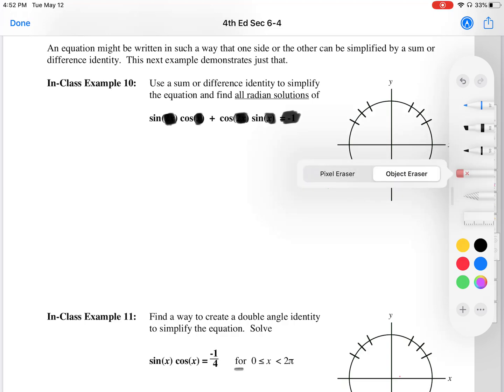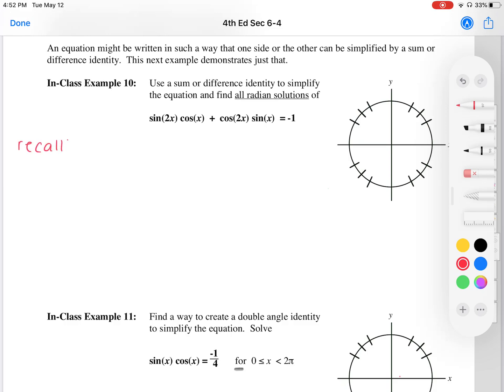All right. So let's go ahead and erase this and consider them. So let's recall. We have a plus and I have sine cosine.